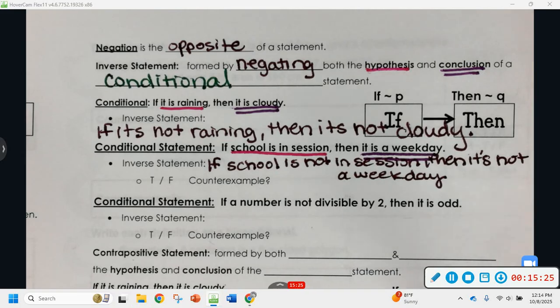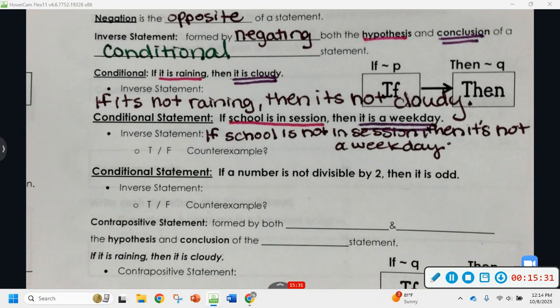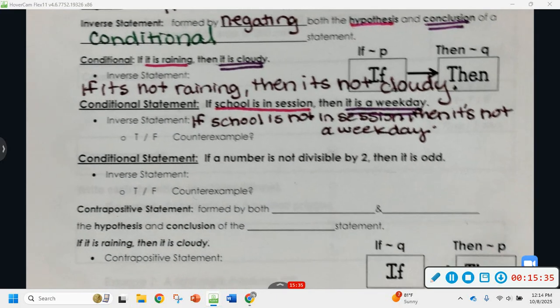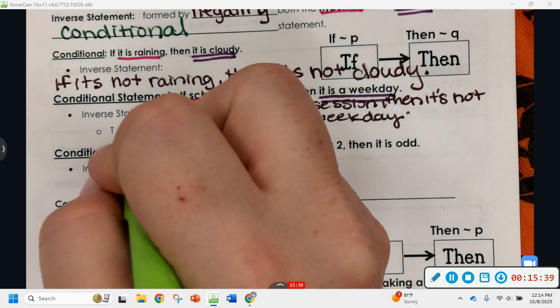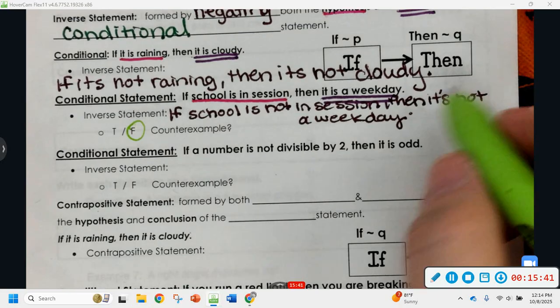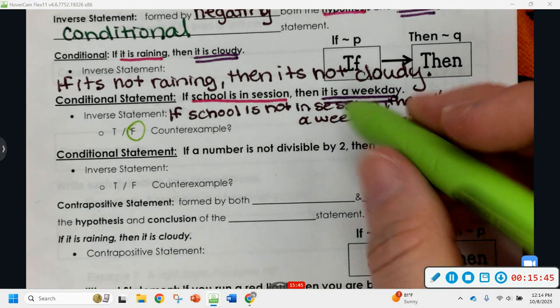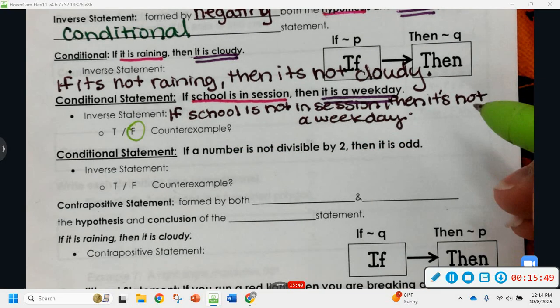So let's think about that. We've got the inverse of that statement, but we can say whether that statement is true or false. So if school's not in session, then it's never a weekday? No, I don't think so. And that's actually these next holidays. Remember, we have Friday off and we have Monday off.